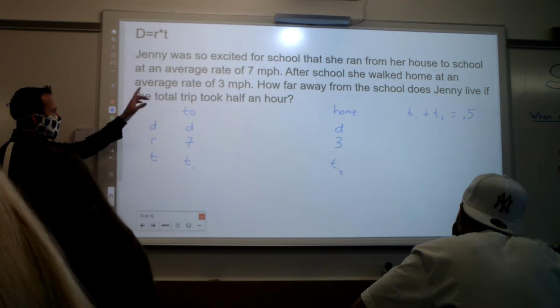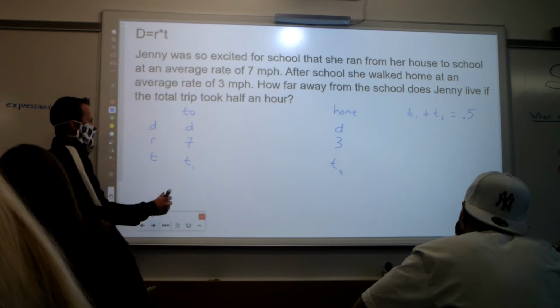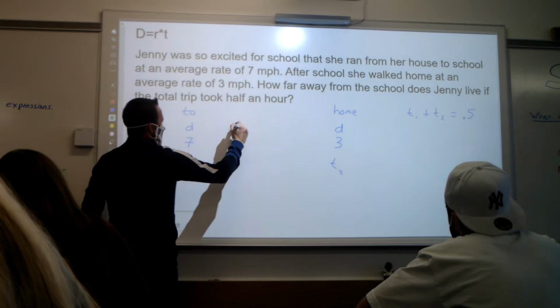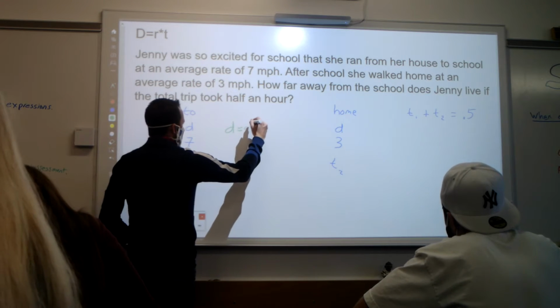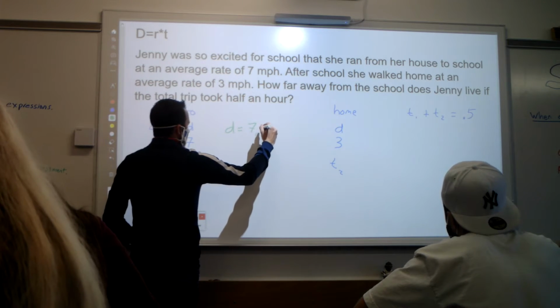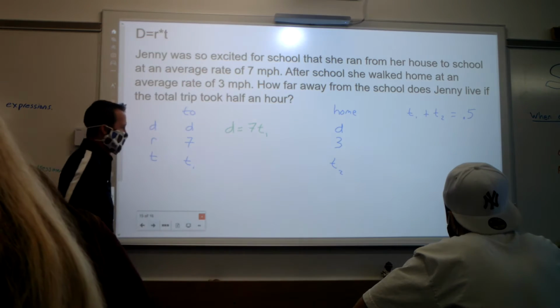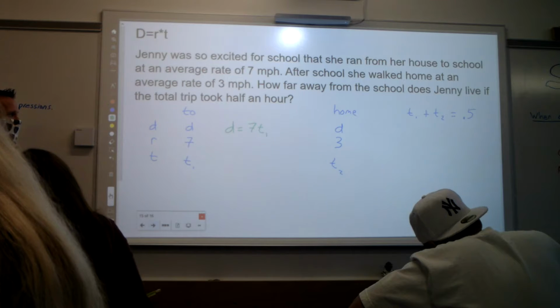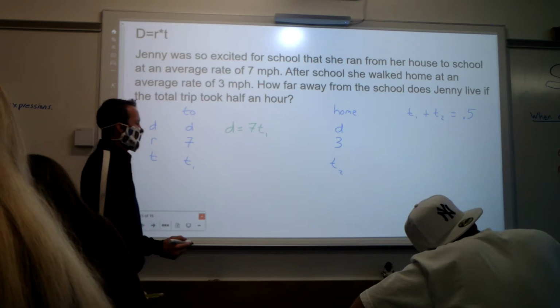So our formula you need to remember is distance equals rate times time. So pretty easy. If she is going to school, then we're going to write that formula as distance equals 7 times time 1. On her way home, it's going to be similar.